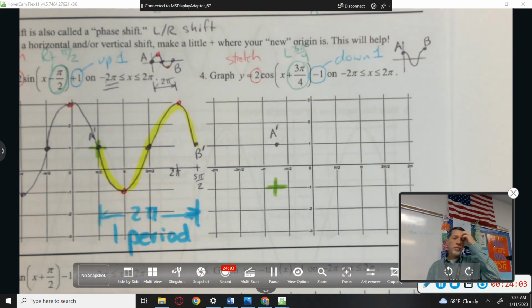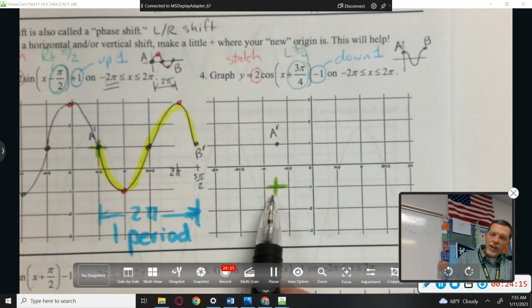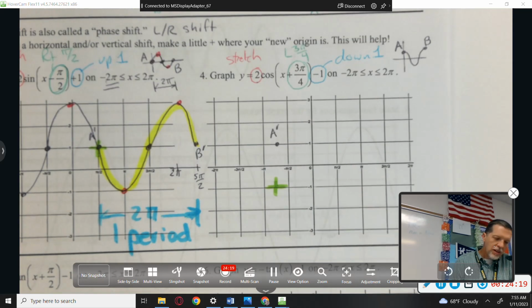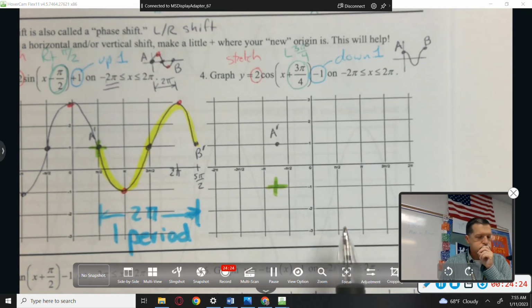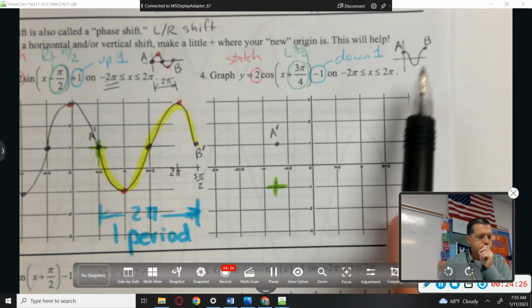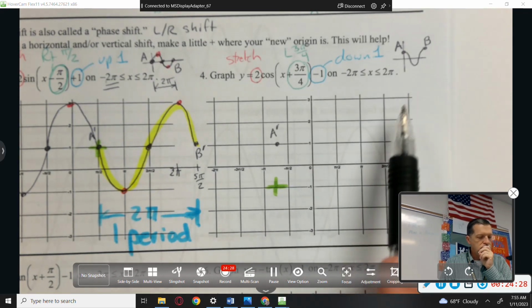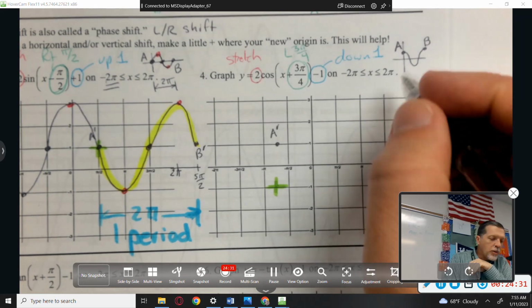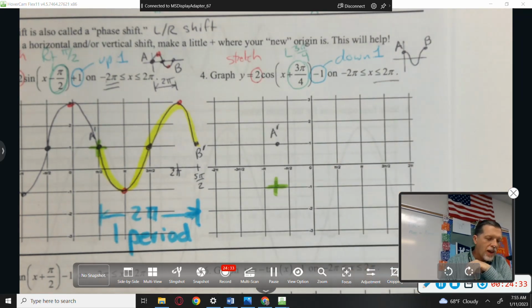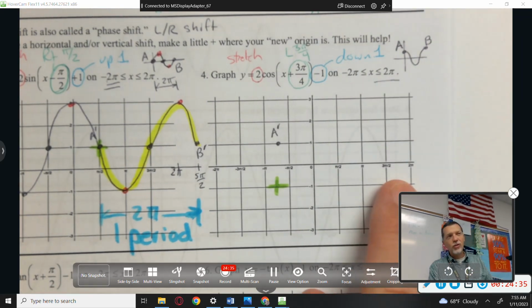My ending point will be at the same height as the starting point because it's got to end where you start. It's got to be 2 pi away. So I got to figure out how do I get 2 pi away from negative 3 pi over 4. Since it tells me to graph all the way to 2 pi, my first cycle is not going to get to 2 pi.